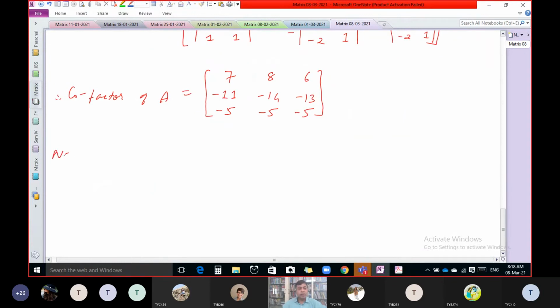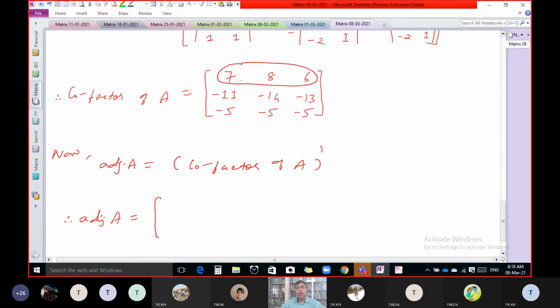And now the adjoint of A. See, adjoint of A is nothing but the transpose of the cofactor of A. And what do we have to do to find the transpose? You write the elements of the first row as the first column. Elements of the first row are 7, 8, 6.